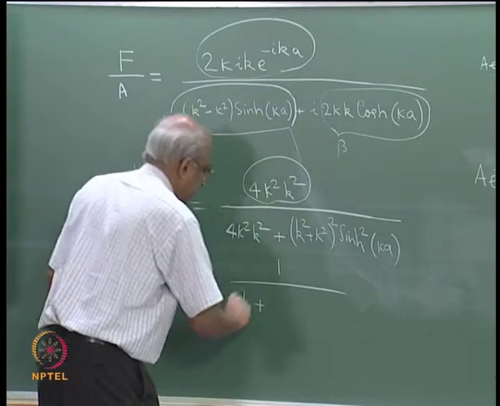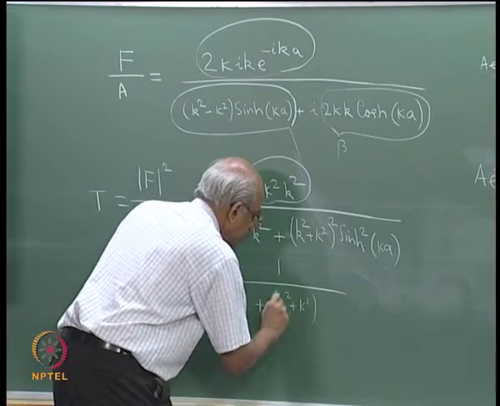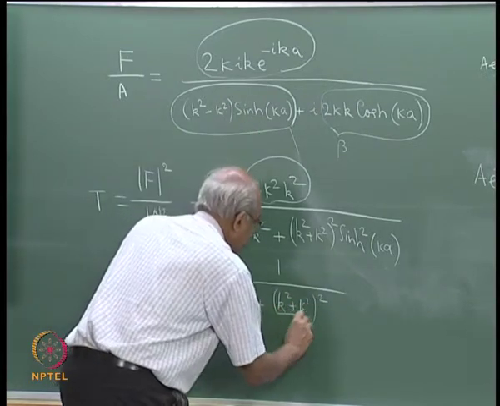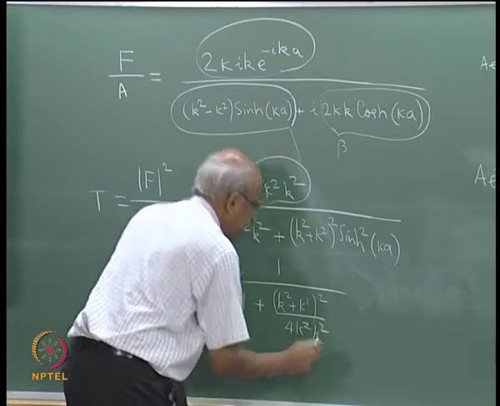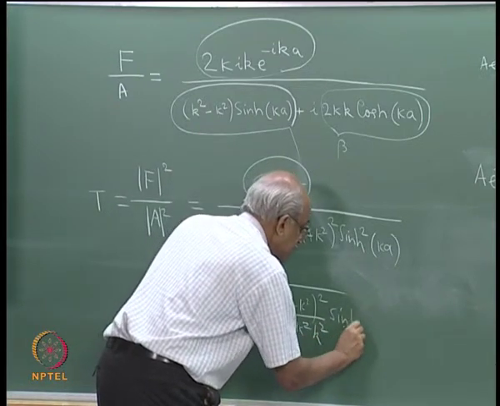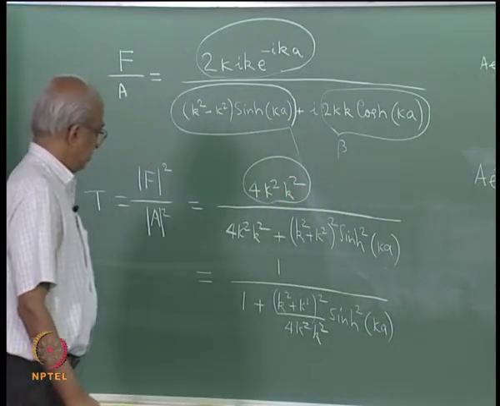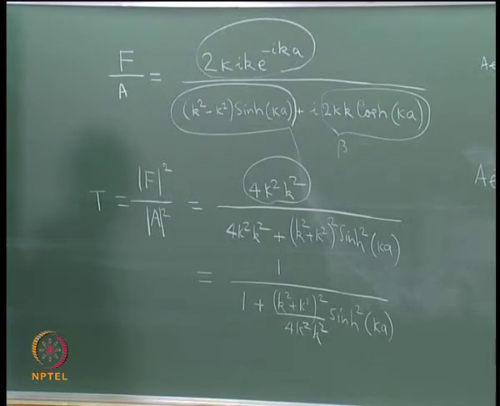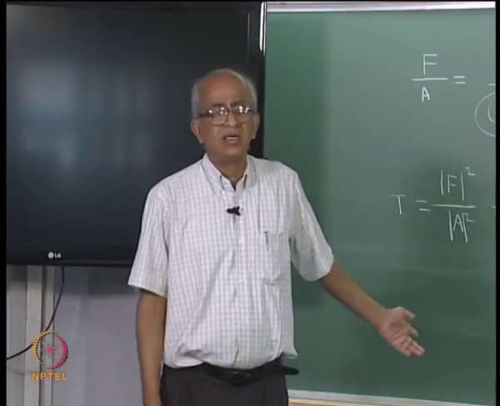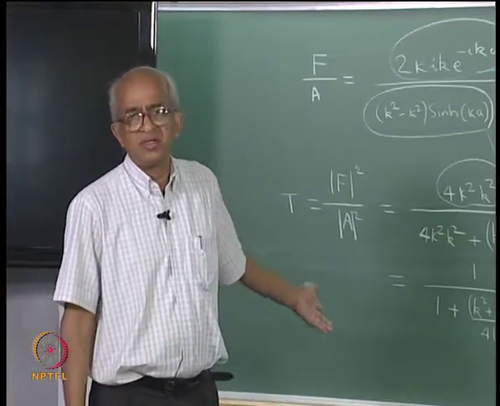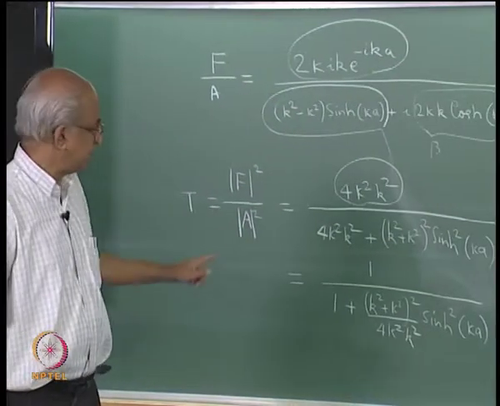So, therefore, you will have 1 divided by 1 plus (k square plus kappa square) the whole square divided by 4 kappa square k square sinh square kappa A. So, this is our final expression for the transmission coefficient, or in the case where the energy of the particle is less than the barrier height, we usually refer to this as the tunneling probability.